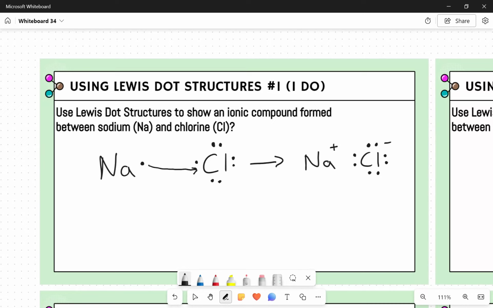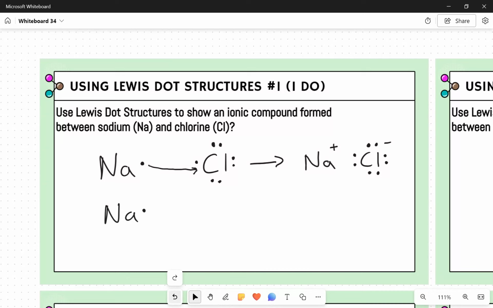Now, here's one thing that you may see sometimes, and it's something that I like to do. See, because the dots from both sodium and chlorine are valence electrons, it becomes hard to tell in the end product where these electrons came from. So what I like to do, and what you will see sometimes, is redo the problem real quick.